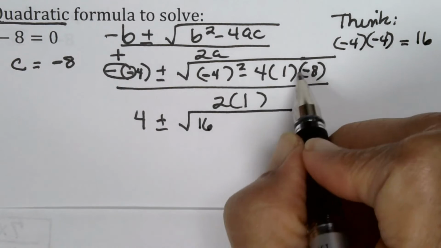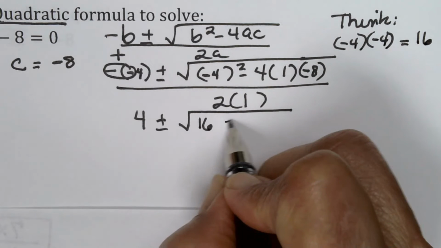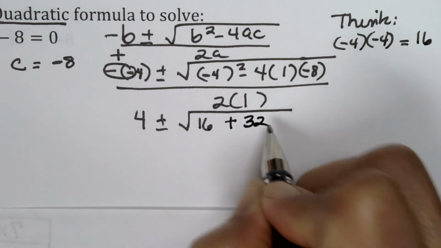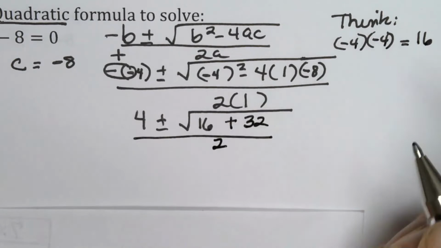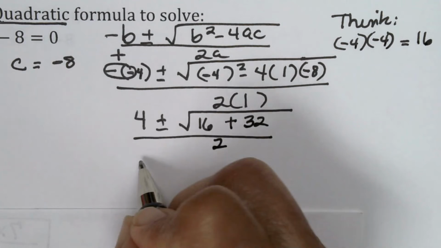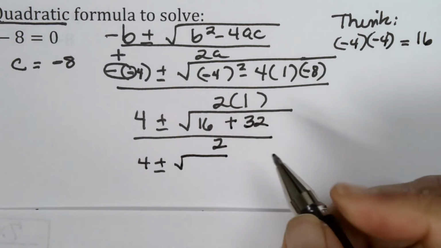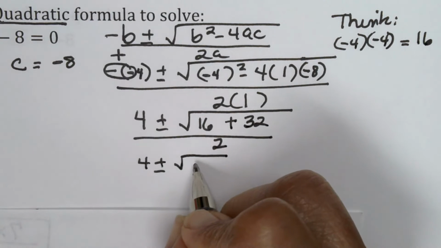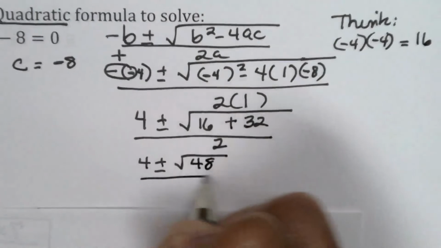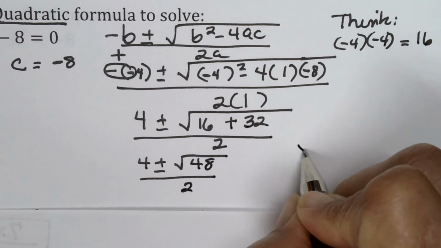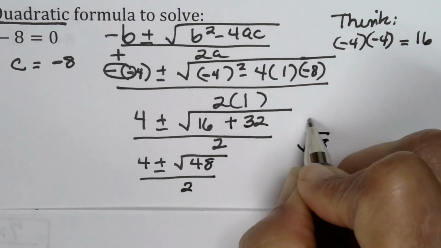A negative times a negative here makes it a positive. So we have a +32 there. And 2 times 1 is just 2. So we have 4 plus or minus the square root of 16 plus 32 is 48 over 2.